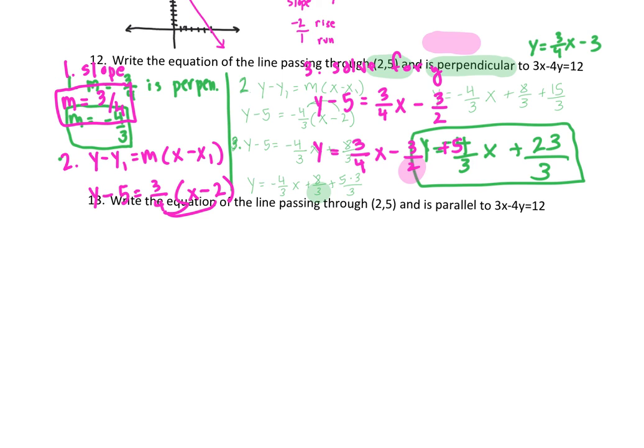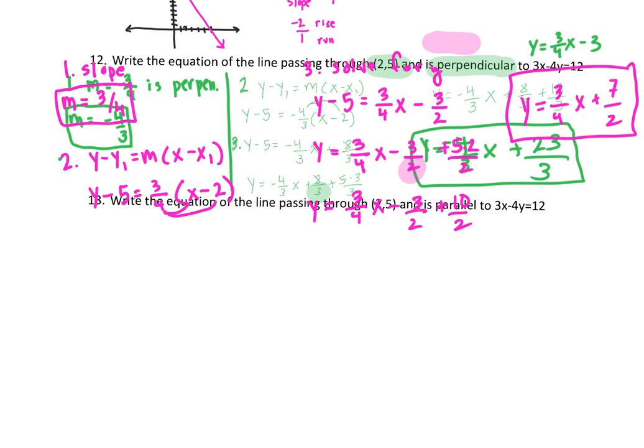We're not worried about the 4 because we're only adding the -3/2 and the 5. So I'm just going to go 2 over 2. So that's 3/4 x minus 3/2 plus 10/2. And that gives us our final answer of 7/2. So y equals 3/4 x plus 7/2.